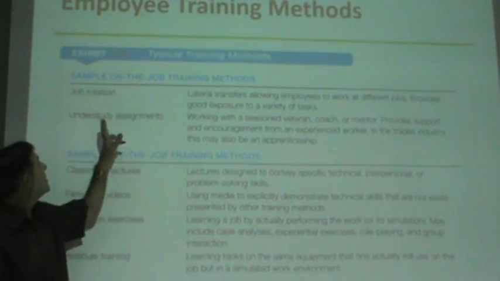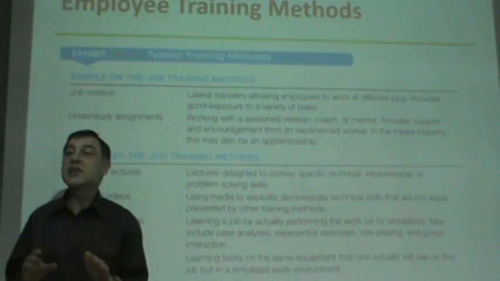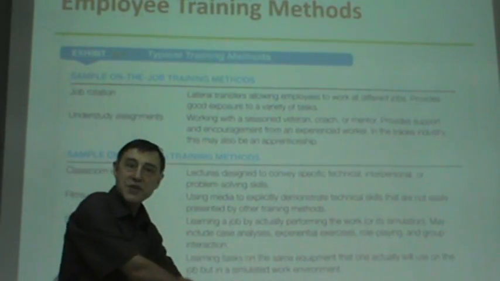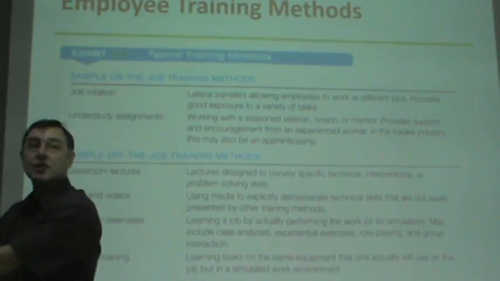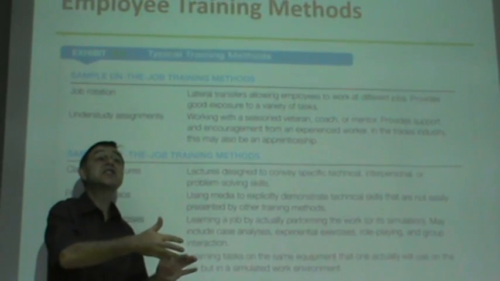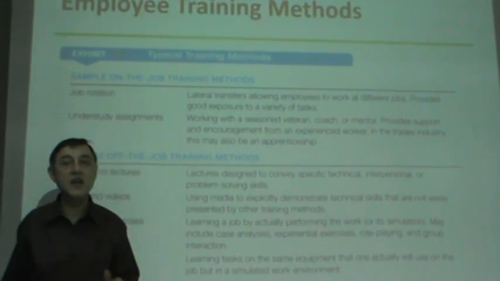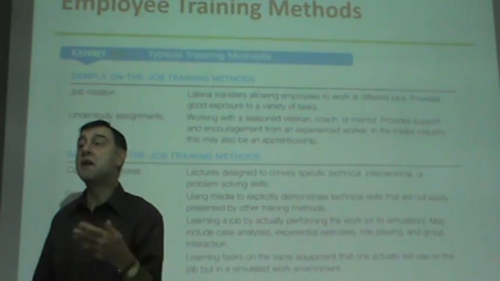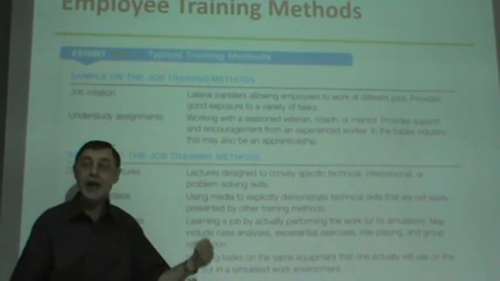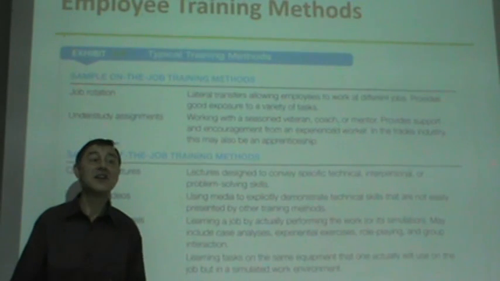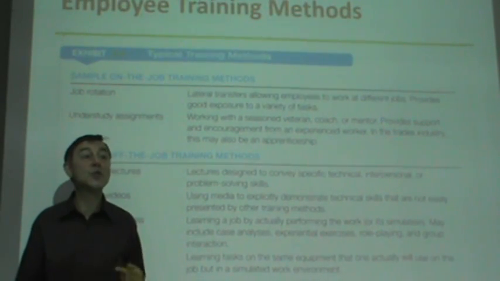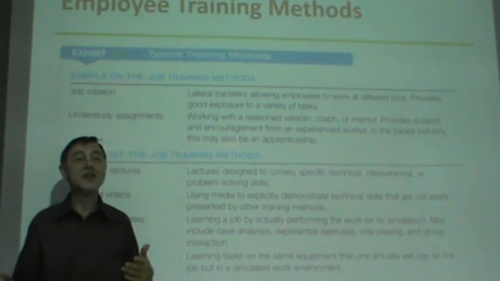The basic idea of rotation is that you go from one position to the next, to the next, for a sufficiently long period of time, maybe a week, maybe a month, so that you can actually learn the job. And this is a quick and relatively efficient way for you to learn the job.